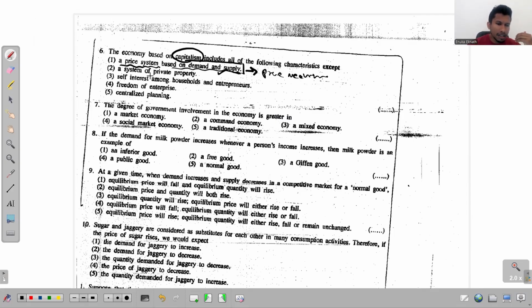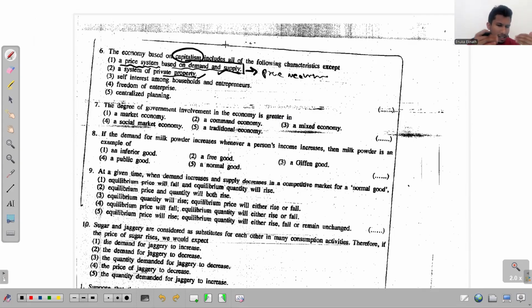Right. The second one, a system of private property. See, private property ownership is the most significant characteristic in capitalism. The third one, self-interest among households and entrepreneurs. See, we say in capitalist economic system, if not in a market economic system, they are again not identical, right?